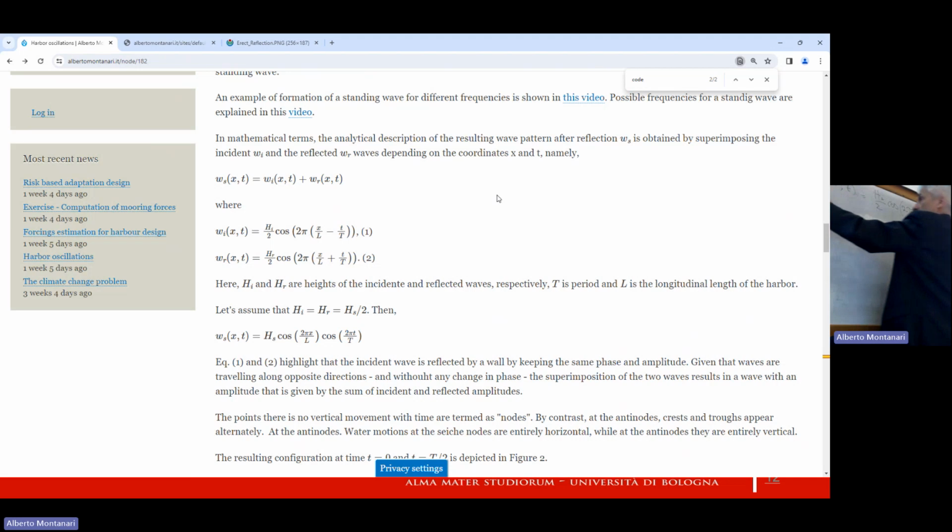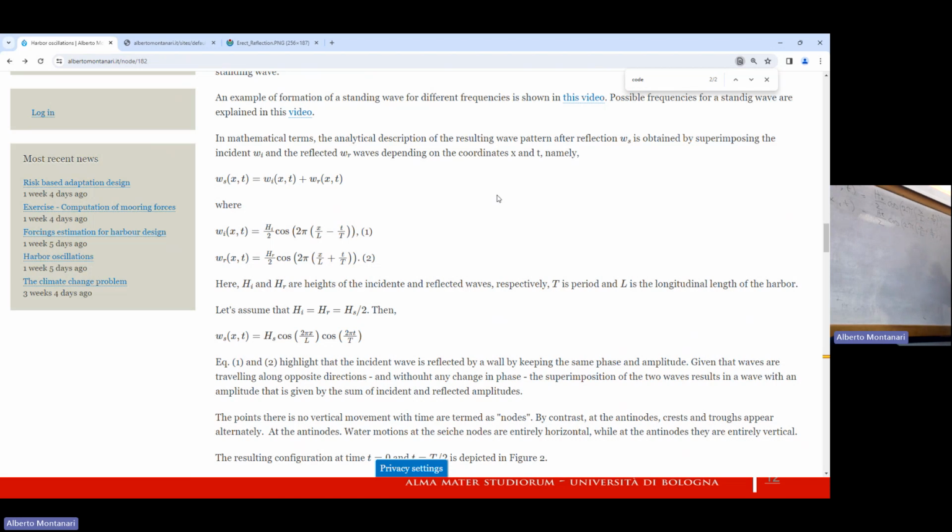This is one, and this is the reflected wave. W_R(x) is H_R divided by 2 cos 2π times x divided by L plus t divided by T. I think I understand what my mistake was.